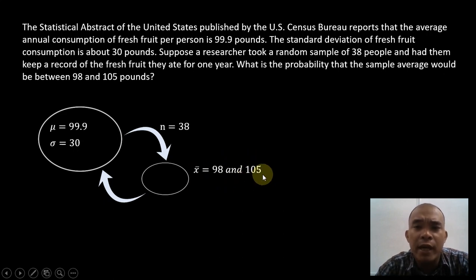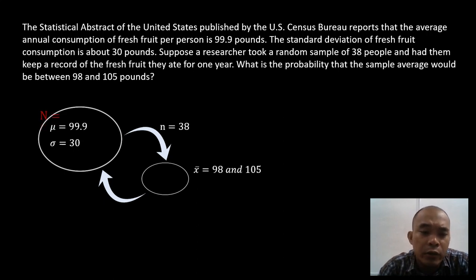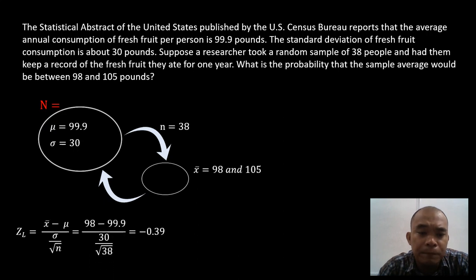So in this particular case, what kind of formula are we going to use? We're going to use the z-score formula, without the finite correction factor. Take note once again that we're going to solve two z-scores here.